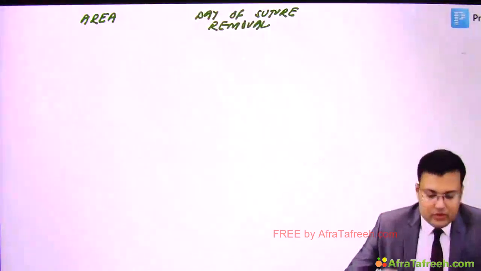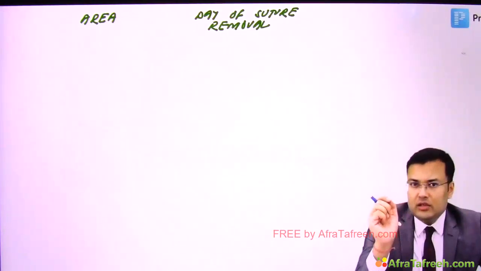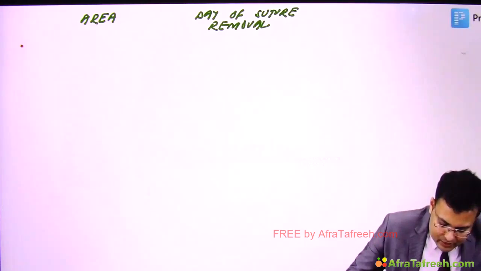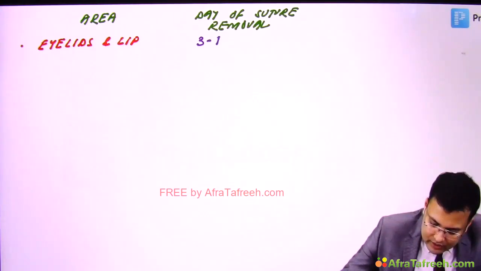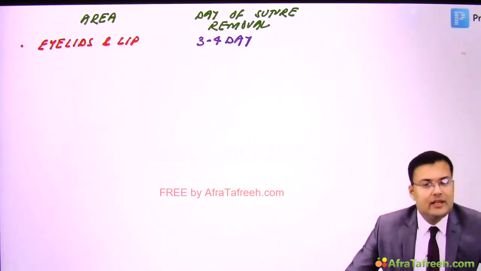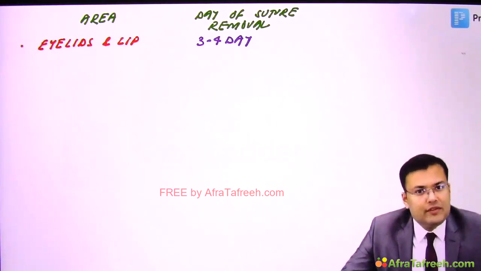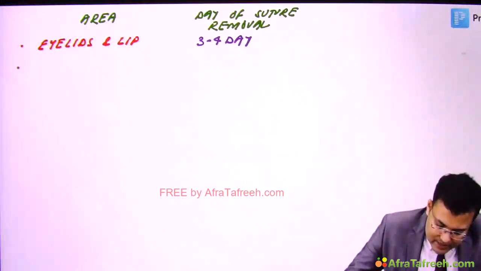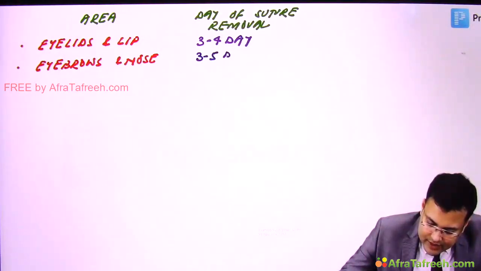In eyelids and lip, generally the suture should be removed on 3rd to 4th day. Right? Now in eyebrows and nose, it should be removed on 3rd to 5th day.